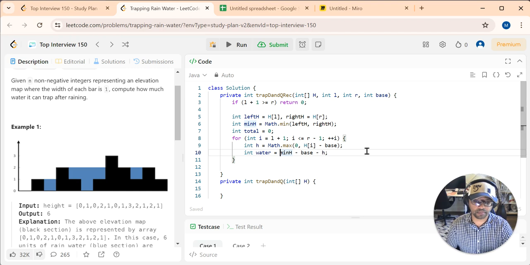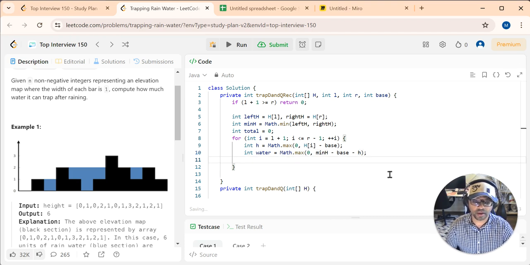And if that becomes negative, we need this as well. Okay, so we need that, right? And yeah, I think that is what we want to do. So we adjusted min height also for base, and we subtracted that from either the base adjusted height or 0 based on whichever was bigger, right? Okay, and now that we can add to total.